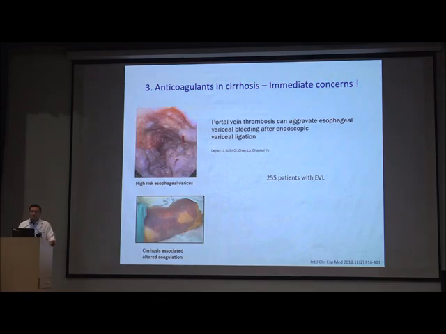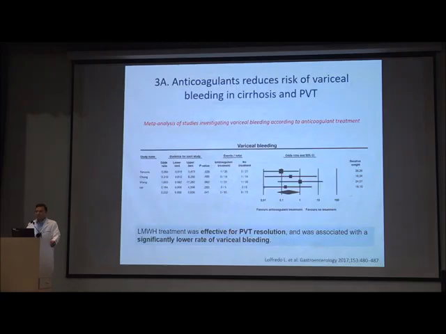Now, many clinicians are obviously not comfortable using anticoagulation therapy in the presence of high-risk esophageal varices, because of the so-called coagulopathy-related bleeding, which is common in patients with advanced cirrhosis. Moreover, there are reports that portal vein thrombosis can aggravate variceal bleeding after endotherapy. More recent studies have shown that anticoagulation therapy, or treatment directed at PVT, reduces the incidence of acute variceal bleeding after endotherapy.